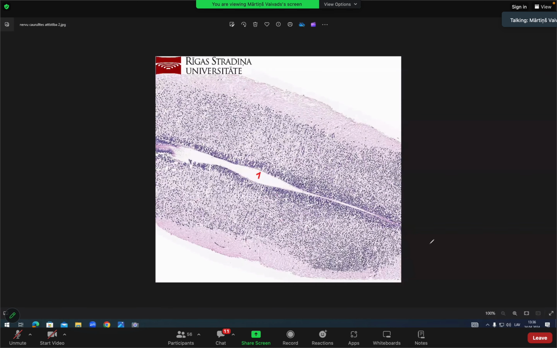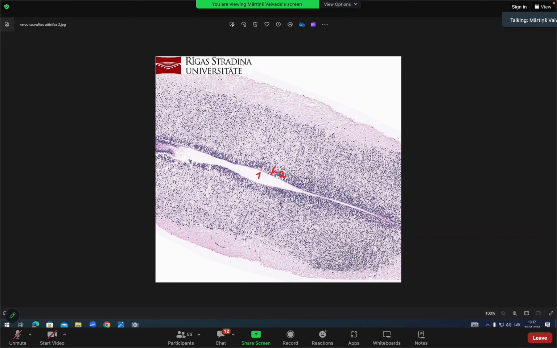First things first, you see an opening. Canalis centralis, central canal. Number 1, canalis centralis. And as you know, canalis centralis is lined with some cells. During embryonic development, we call this darkened zone of cells the ventricular zone.